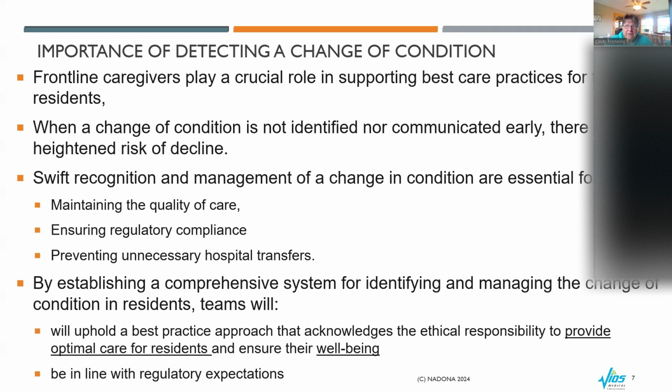If we want to maintain quality of care in our buildings, we want to make sure that we're complying with all the regulations. And one of the important reasons, not the most important, is we don't want to send them back to the hospital. We don't want them to have to go back there.